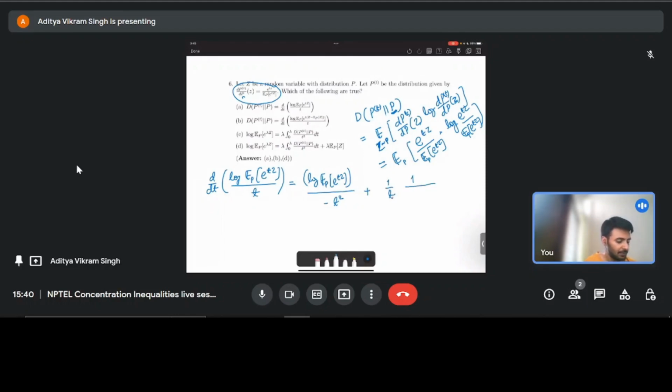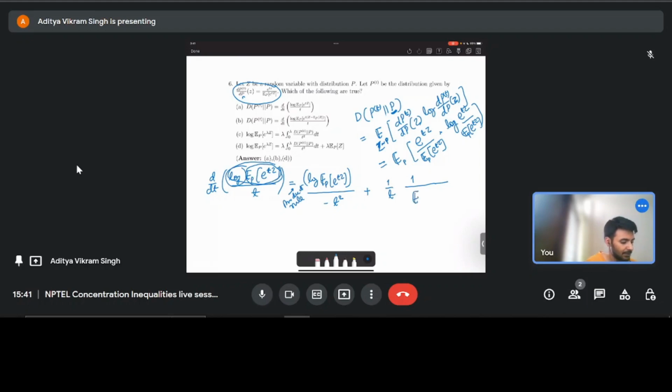Okay, this is not chain rule. This is product rule, technically speaking. And now we'll apply the chain rule, which is when we want to compute the derivative of this thing. Chain rule is for when there is a composition. So this is a function of t, where first we take expectation of e^(tZ) and then we apply log, right? So we apply chain rule.